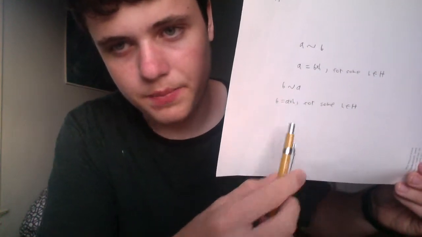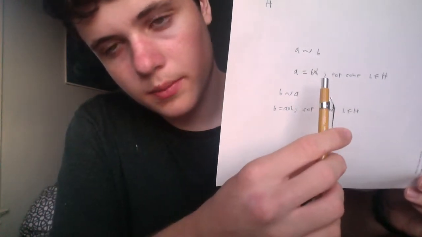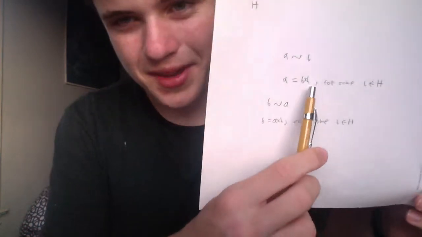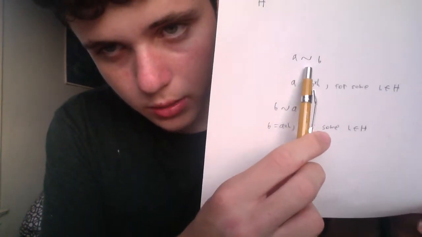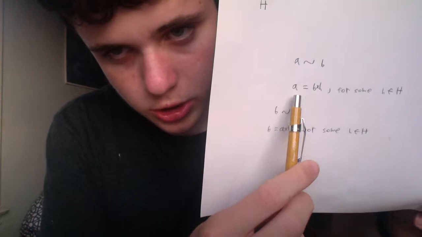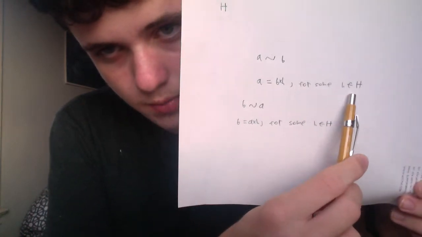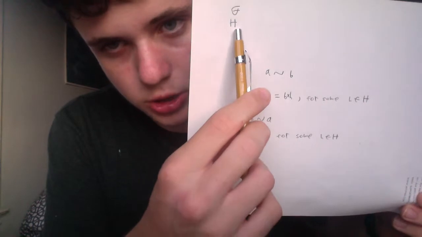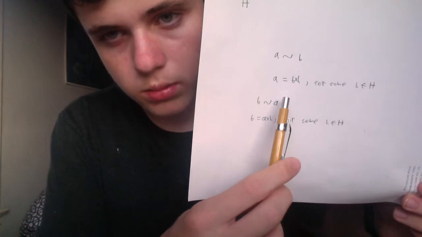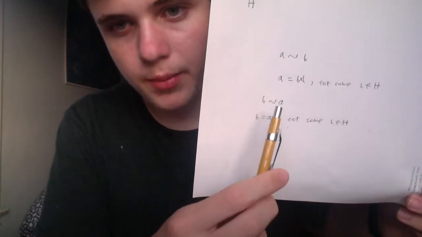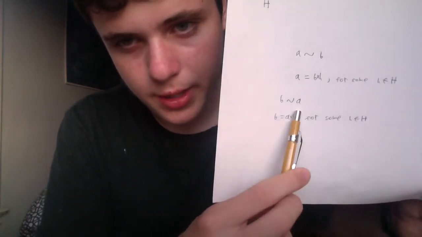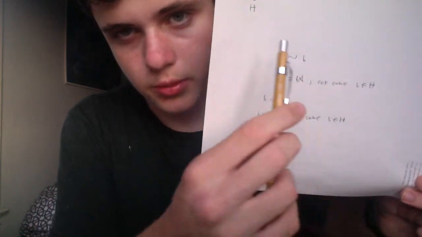Basically, if A equals B, what that means is A is equal to B times H for some element of the group H. There's some element that when I multiply B by it, I get A, right? What I'm going to try to prove is that B is equal to A times H for some different element in the group H.